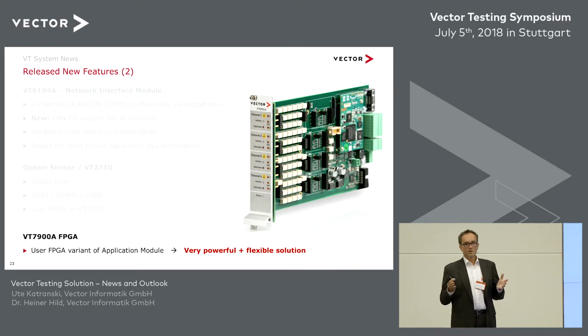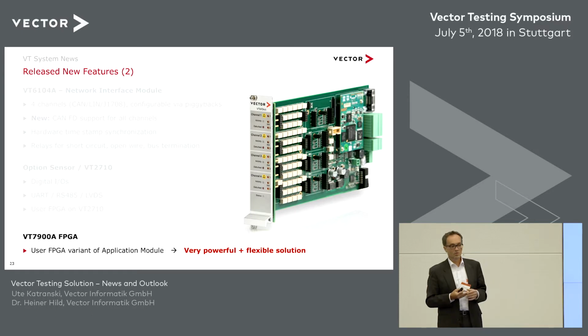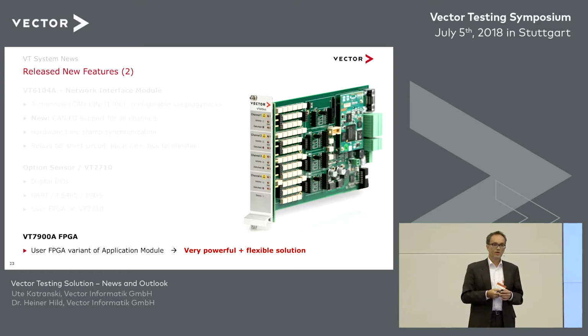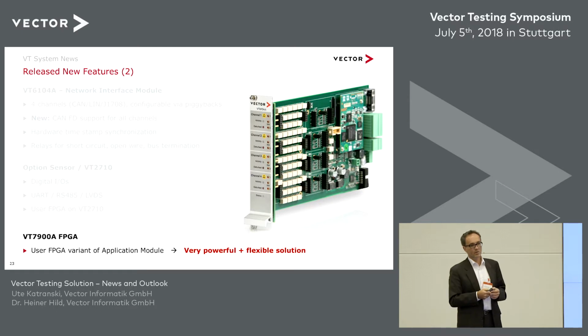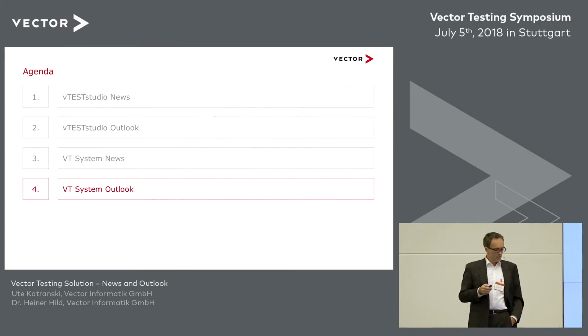There's also a basic variant, but it's now also available with user FPGA, which increases the options and opportunities. You can accommodate customer-specific electronics, and additionally, onboard-specific logic can be used to enrich it.